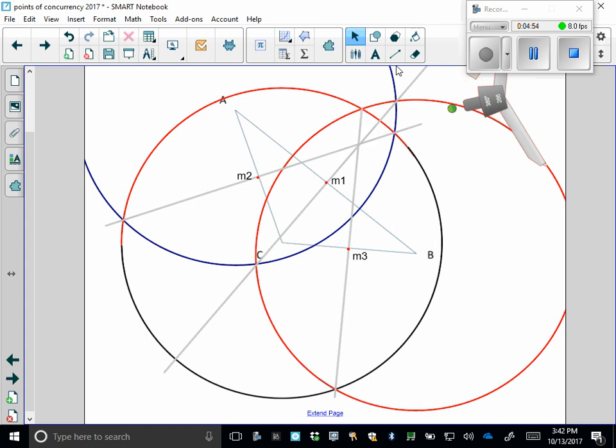And now I'm going to put my medians in. My medians connect midpoint to vertex. And if I did this correct, they should intersect in one point. So midpoint to vertex, or vertex to midpoint.